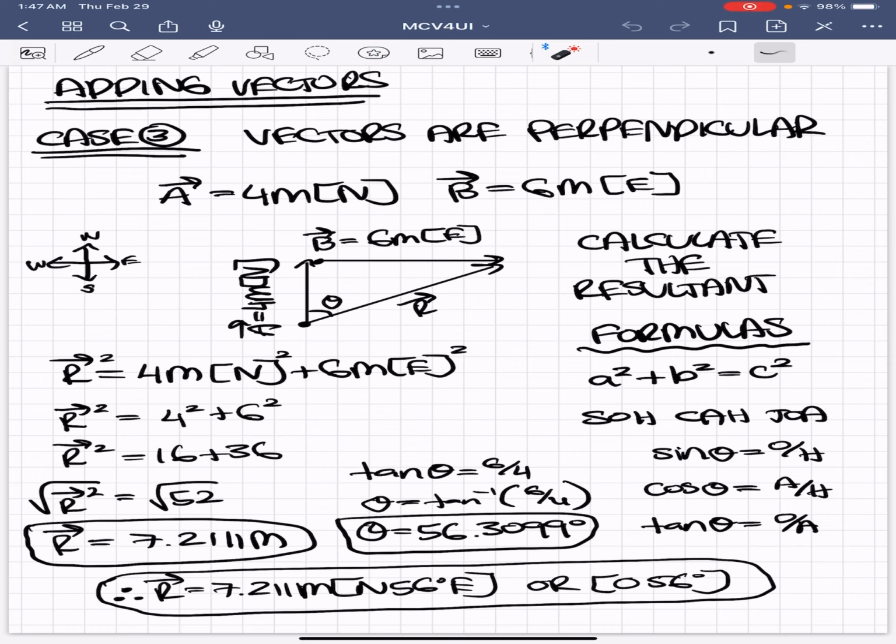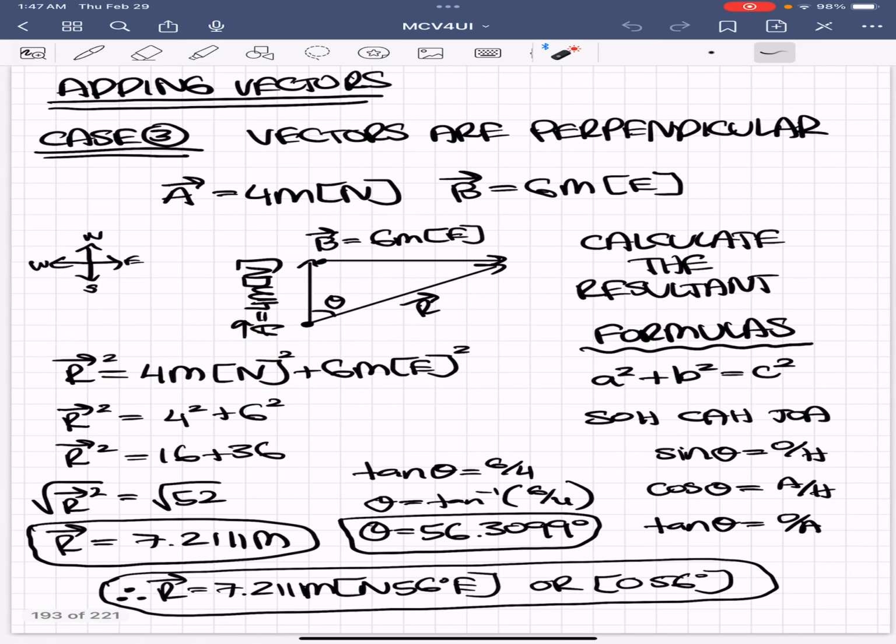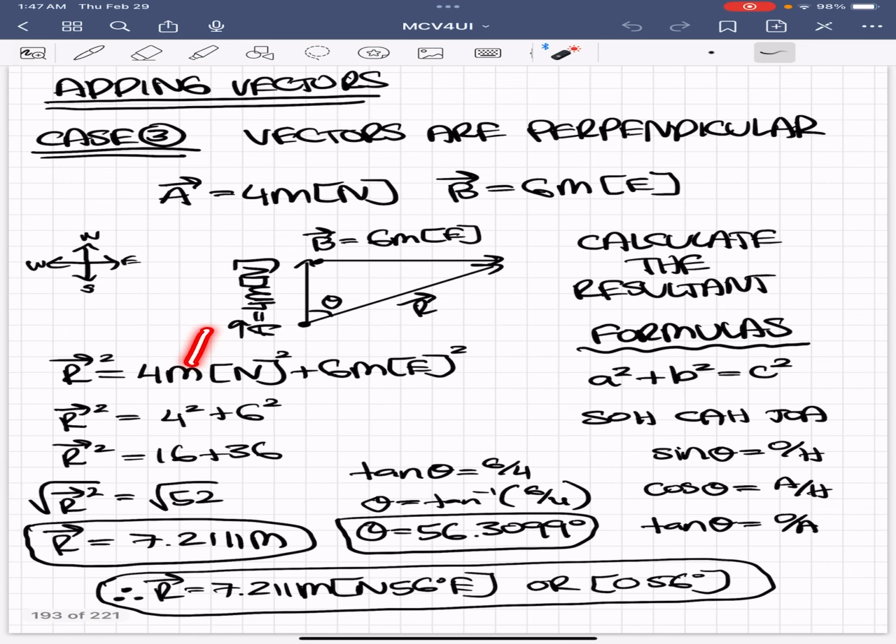Okay, moving on. So as you can see here, this looks a little like the Pythagorean theorem. Everything is squared. This would be our A, this would be our B, and this would be our C. But I inputted the magnitude, so meters, and I inputted the direction as well.